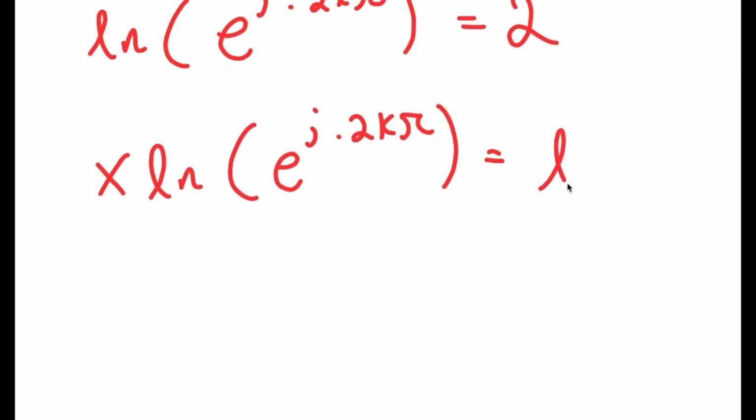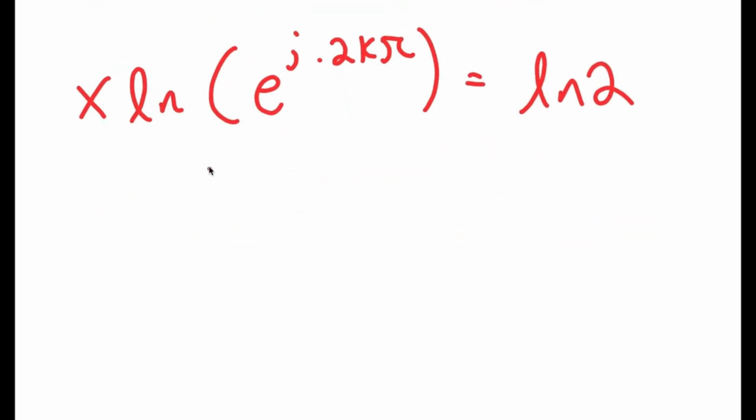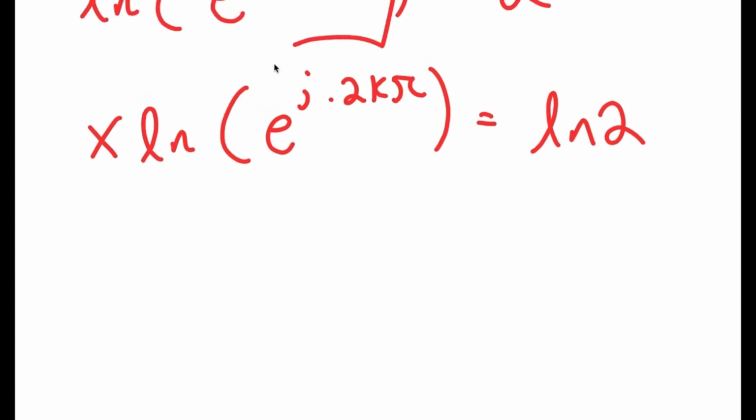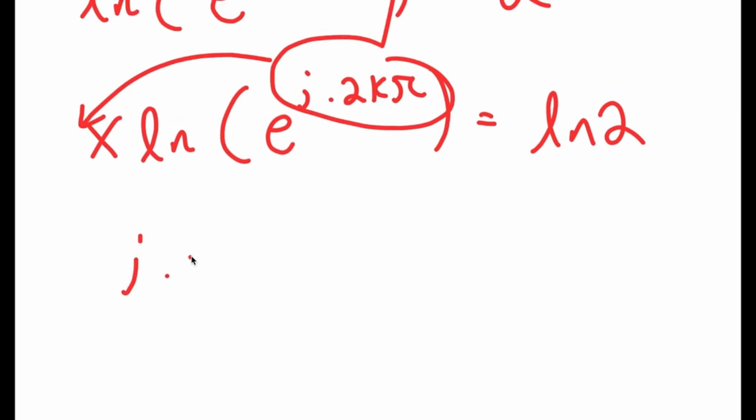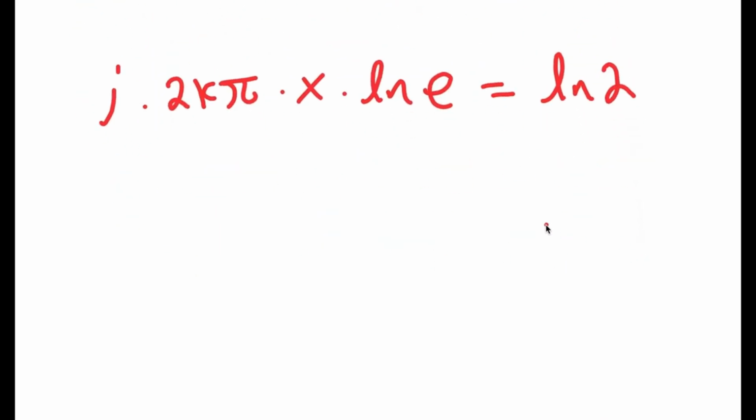This is equal to ln of 2, because if you take ln on one side, you have to do the other side. And now I can also move i times 2k pi to the front. So I have i times 2k pi times x times ln e is equal to ln 2. ln e is simply equal to 1.